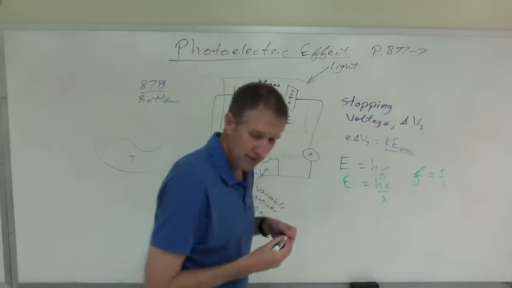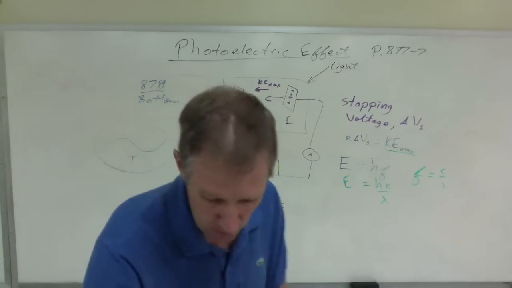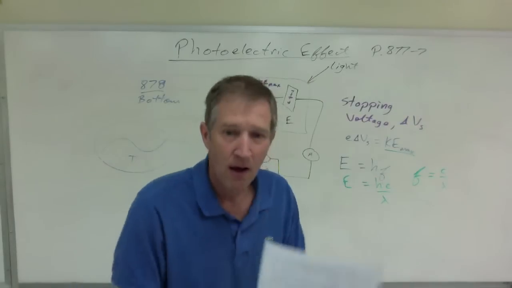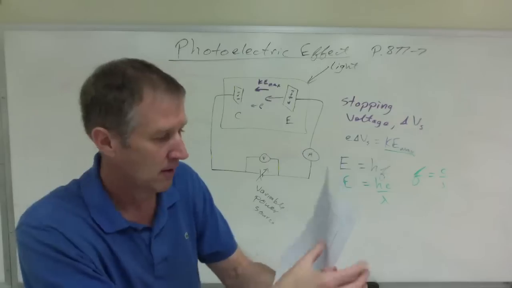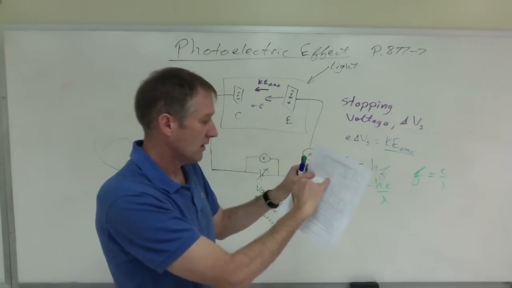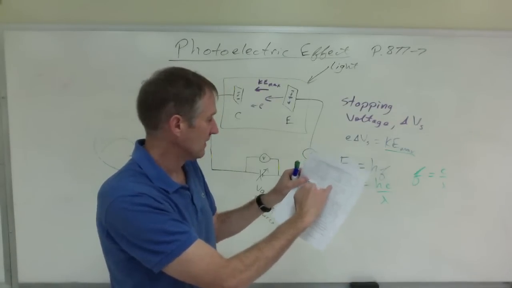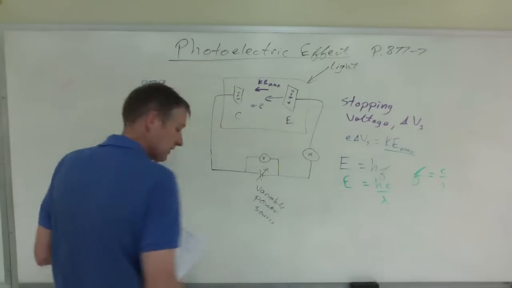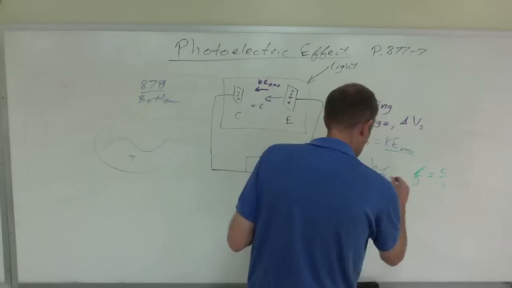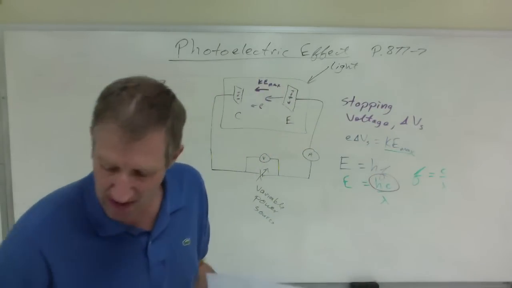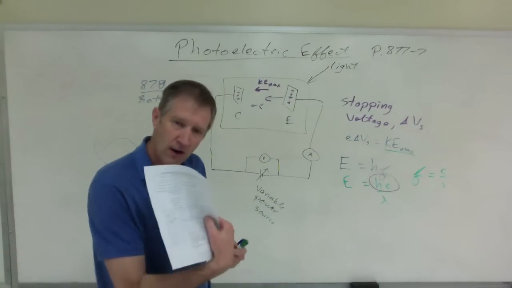Okay. There is something that you definitely want to take a look at on the equation sheet. Not the equation sheet, the table of information. And that is just underneath Planck's constant, this value. It's important to know this. They've actually done the math for you, and it's on here.